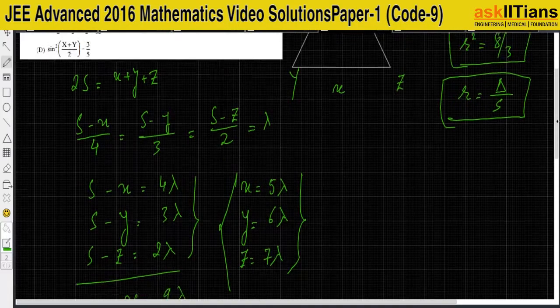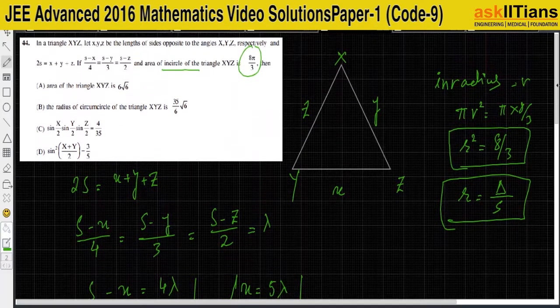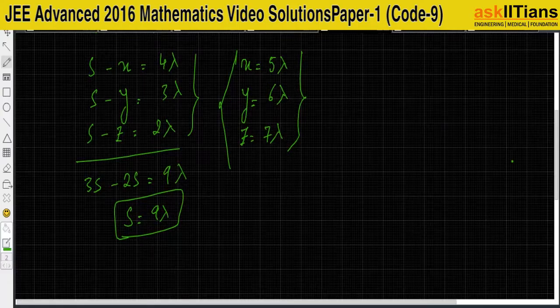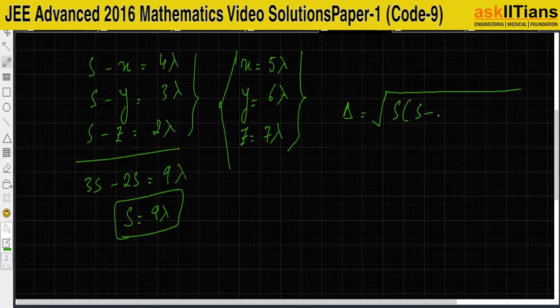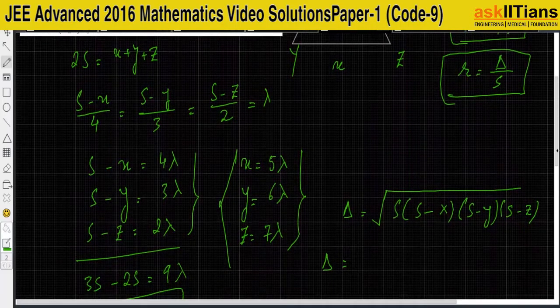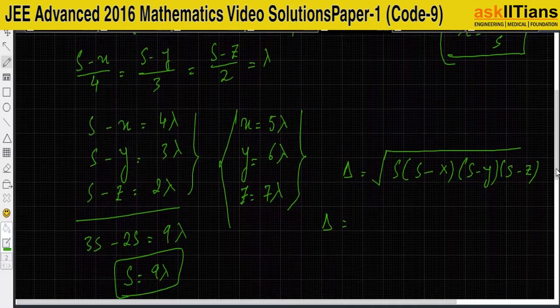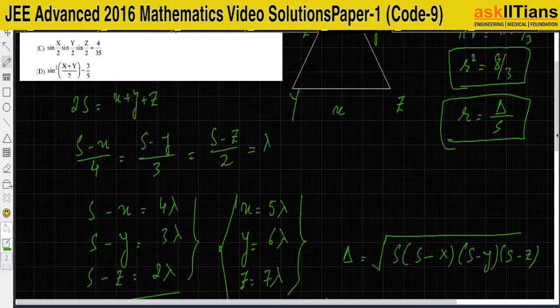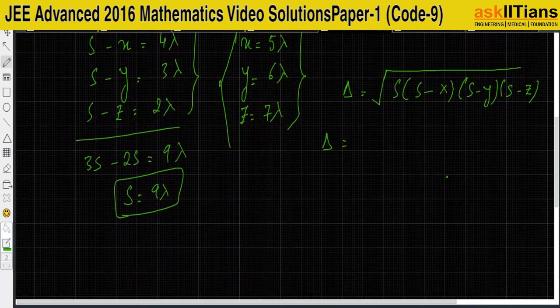Now once I know the sides, I can easily find out the area of the triangle, that's delta. So what will be delta? By Heron's formula we can write that delta is the square root of s into s minus x, s minus y, and s minus z. So what is s? If I add all three, x plus y plus z, s is nothing but 9 lambda, right?